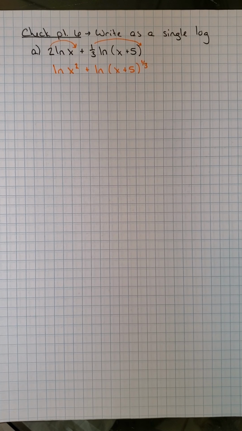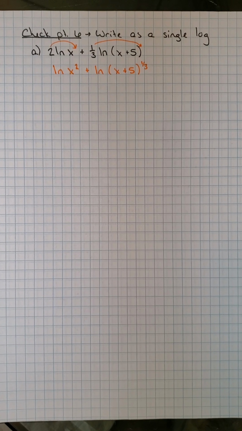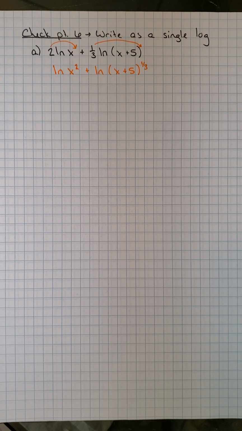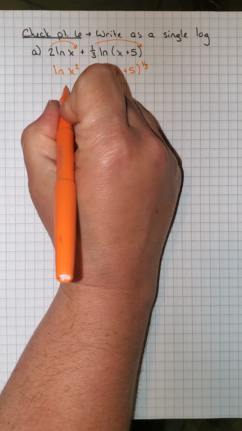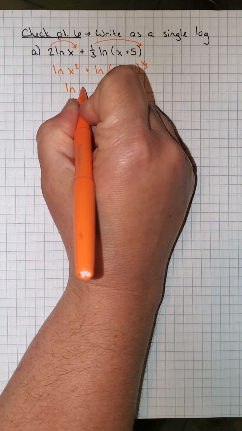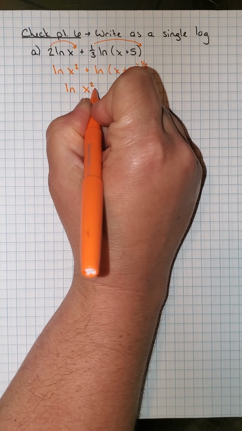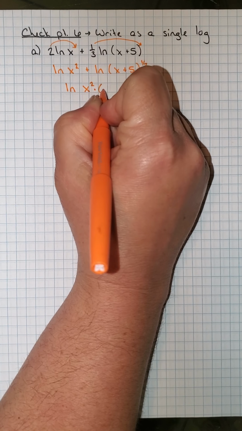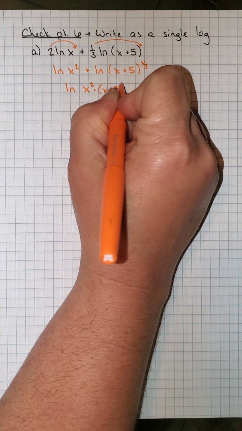Okay, so now we have 2 logs with a plus. They both have base e. That's why it's natural log. 2 logs with a plus becomes multiplication. So we'd have the natural log of x squared times x plus 5 to the 1/3.